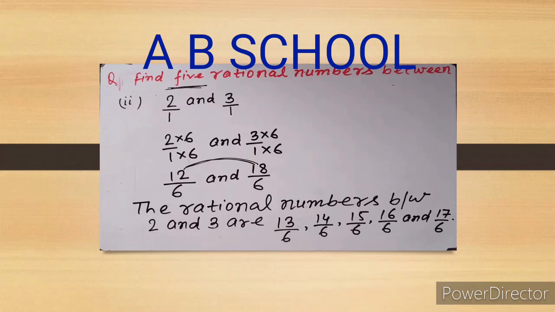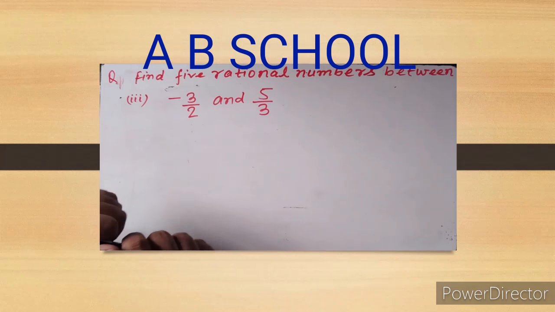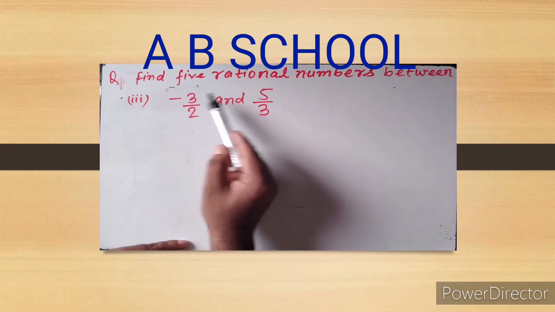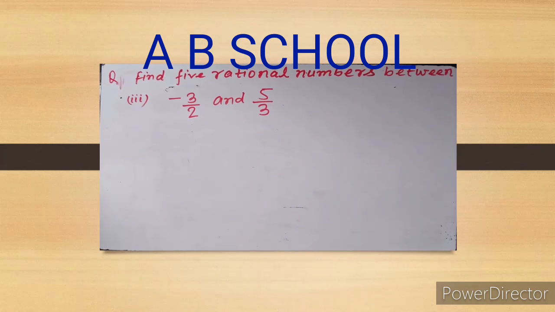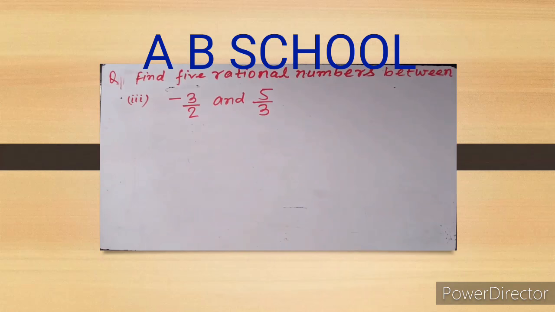So see the other question. In this question, this rational number is negative and this one is positive. Don't get confused after seeing the negative one. You have to do it the same way as you did questions 1 and 2.